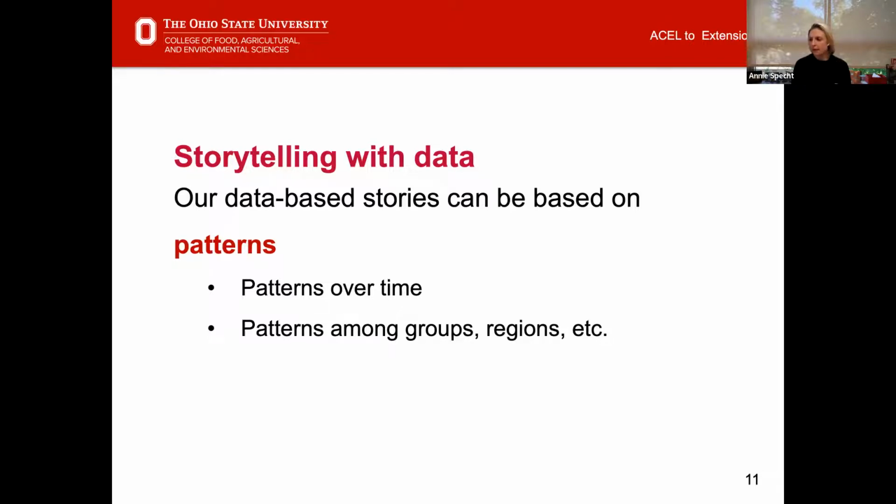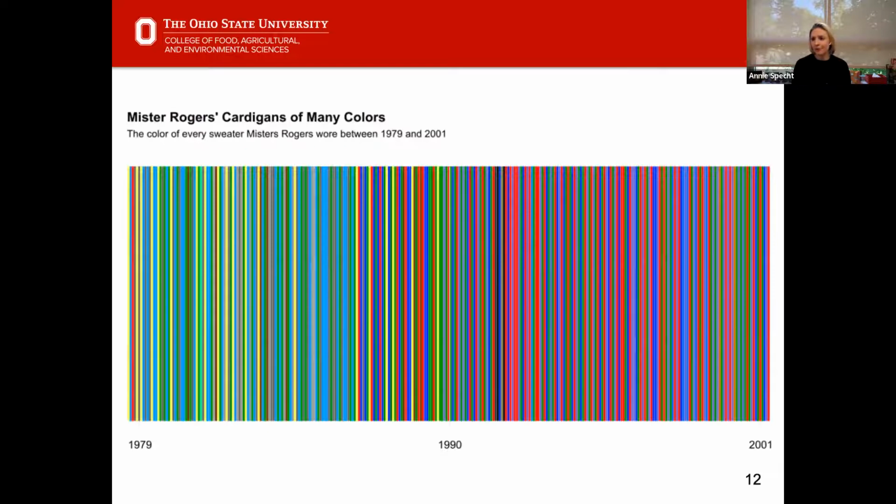So, when we think about patterns, patterns are very visual in a lot of cases. And this was a visualization I came across on a website dedicated to sharing creative and unique data visualizations. And this was basically a color bar chart that was put together based on the colors of cardigan sweaters that Mr. Rogers wore in every episode of his show as we moved through the time span of the show.